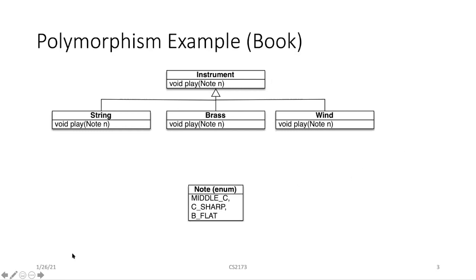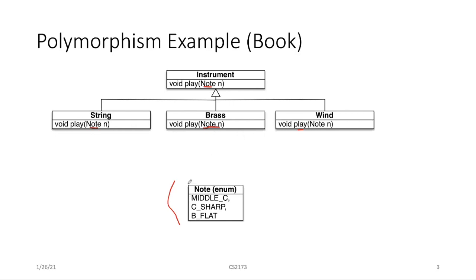And the idea is that they define a note, an enum, which you can think of as similar to a class, in that you can define... notice that the arguments here for the play method all have a note as its signature.